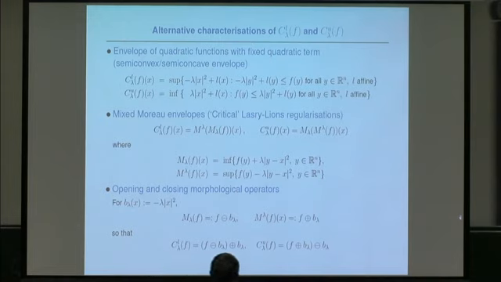Also, it turns out, it was in fact first pointed out to us by the referee that this is the mixed Moreau envelope. That means you apply the lower Moreau envelope first, then followed by the upper Moreau.